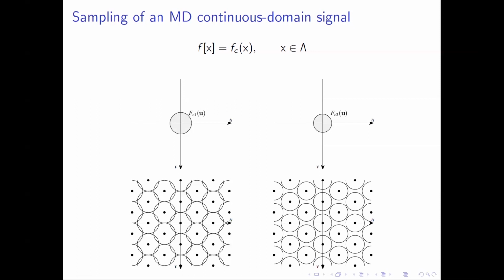The continuous domain signal can be reconstructed from the sample version. This leads to the sampling theorem for continuous domain signals. If the spectrum is confined to a unit cell of the reciprocal lattice, alias-free sampling allowing perfect reconstruction is possible.